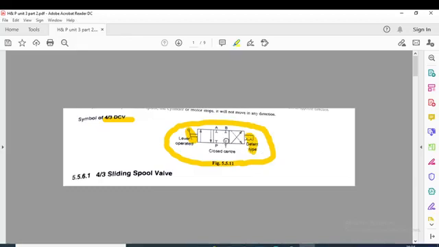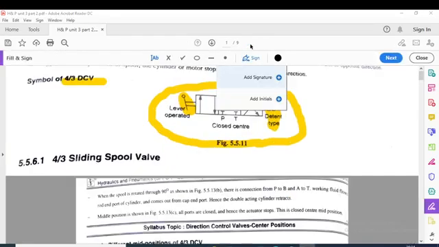But these three rectangles are the 4 by 3 direction control valve, and these three are the three positions here. Here I am going to show you the positions.